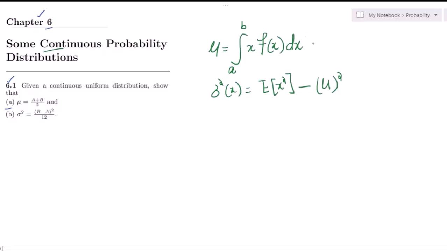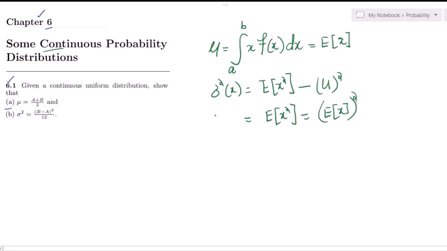This mu is also E of x, so therefore this can also be written as E of x square minus E of x whole square.